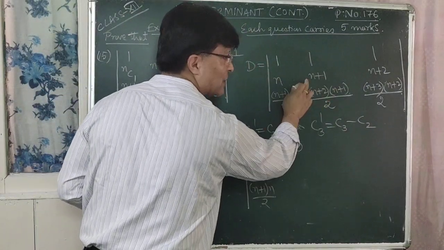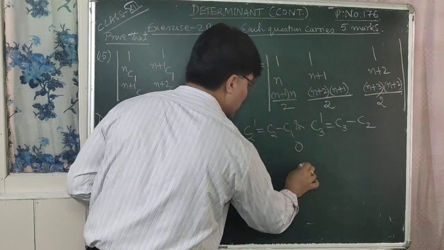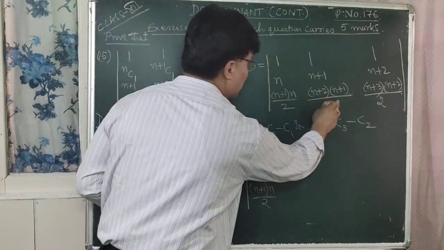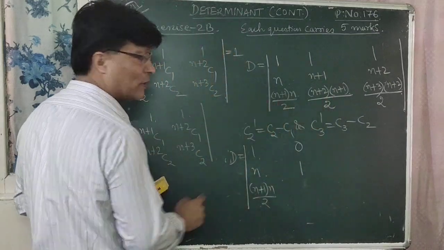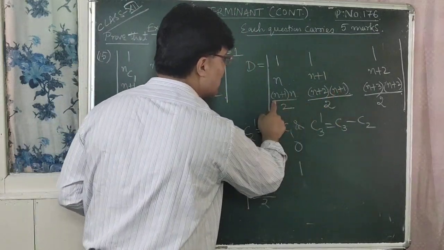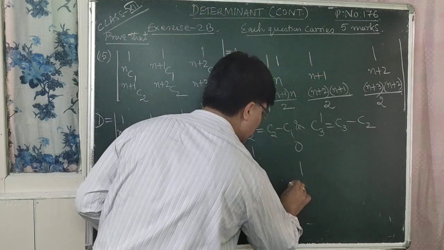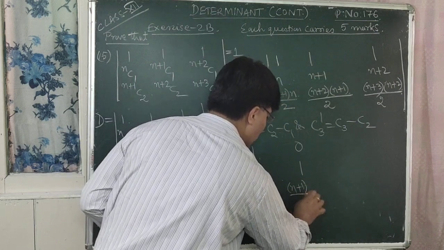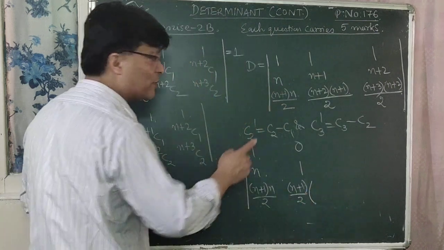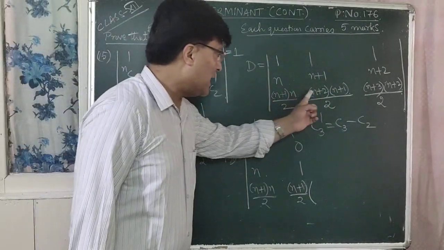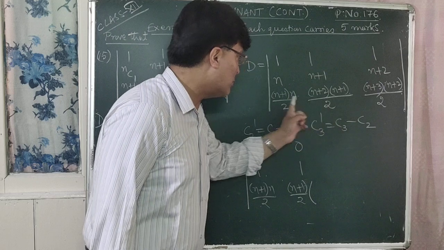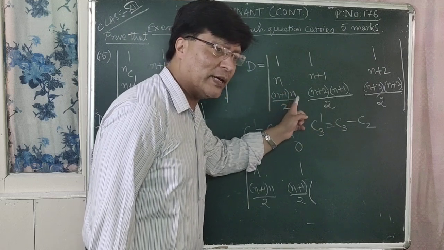This minus this, n plus 1 minus n, that is 1. And this minus this, what common do we get? n plus 1 by 2 is taken common from these two terms, isn't it? So n plus 2 into n plus 1 by 2 minus n plus 1 into n by 2.